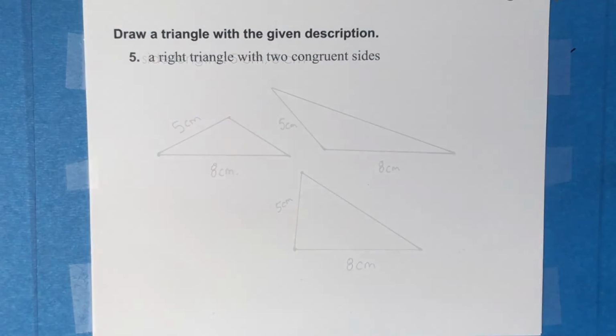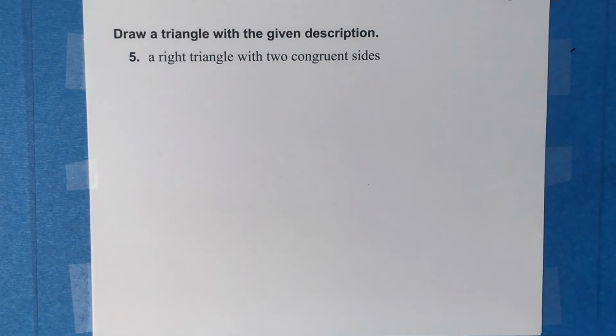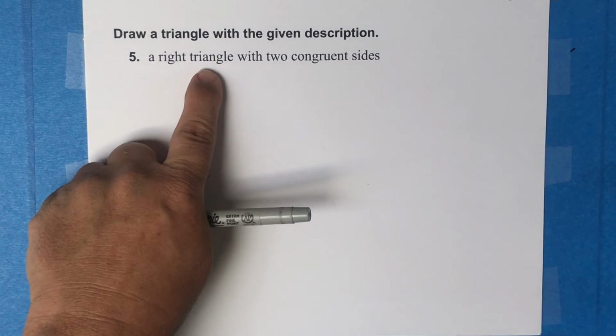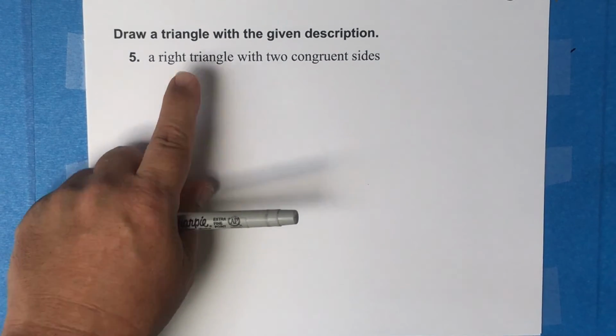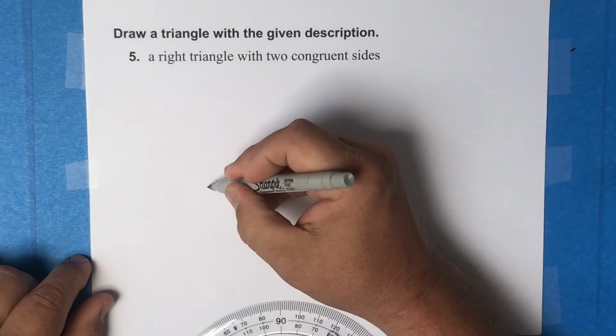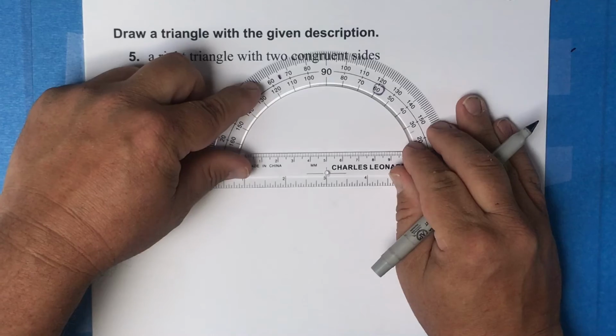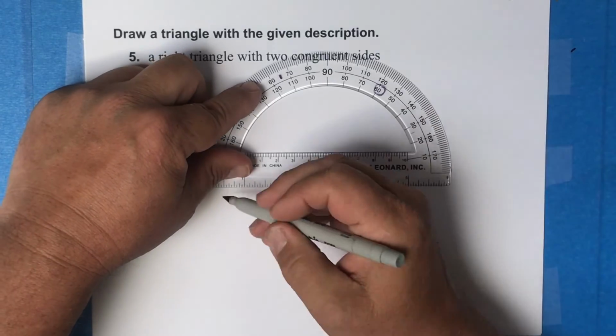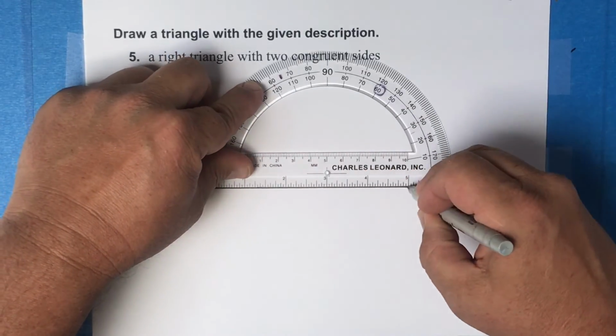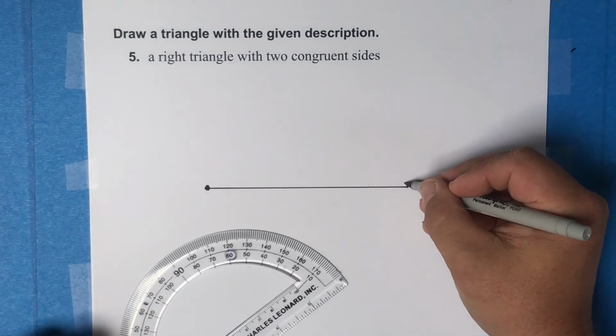All right, we are asked to draw a triangle with the given description. It needs to be a right triangle with 2 congruent sides. All right, so the first thing I'm going to do is, since it's a right triangle, I know I need to have a right angle in it. So I'm going to start with my vertex, and I'm just going to draw a ray coming out of my vertex.